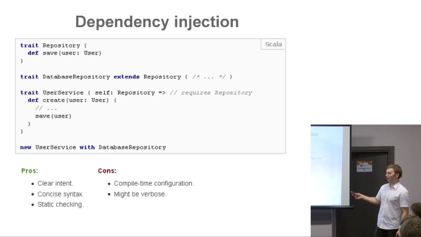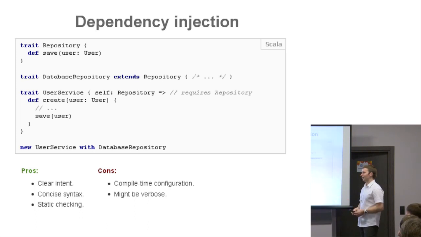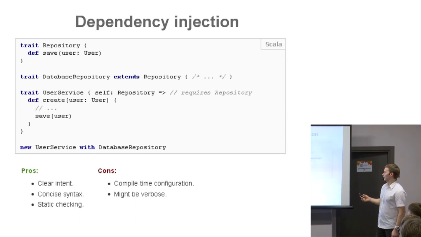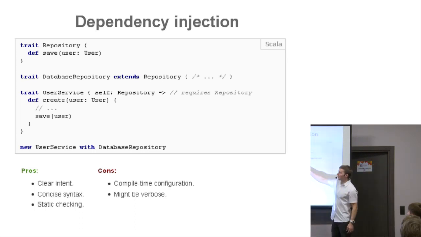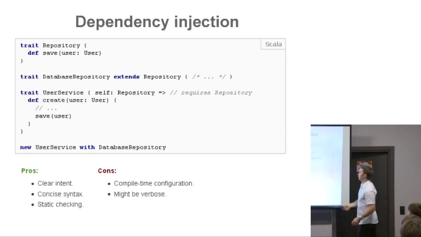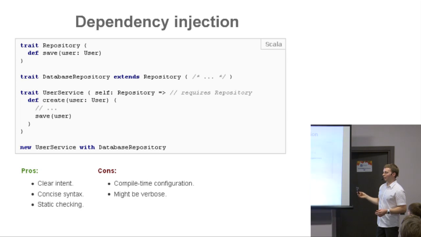We have a requires-a relationship, and that is self-types, so-called. Here's how we can declare that our trait requires a repository. So it does not expose the connection to the repository in the inheritance hierarchy, and yet we cannot instantiate our user service without a repository.